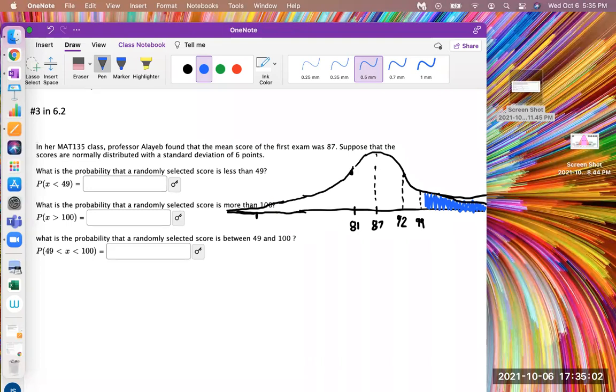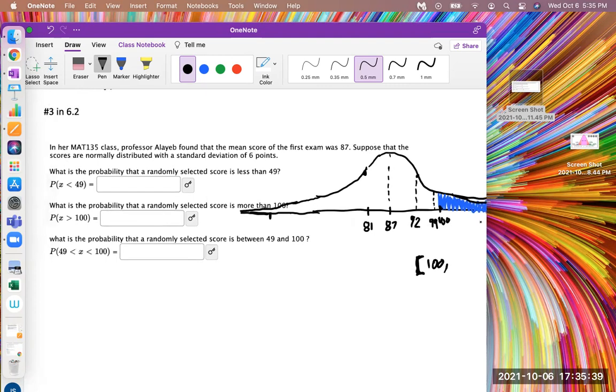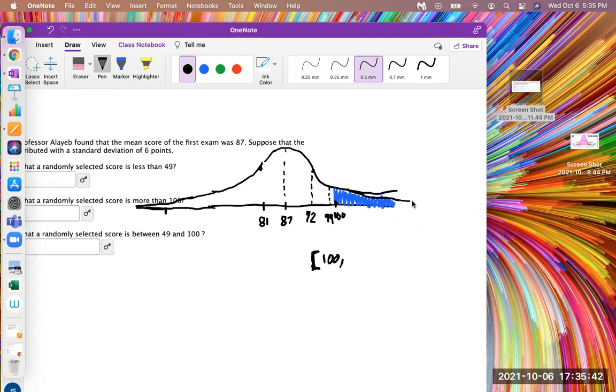Now let's carefully write down this interval. I go from left to right and I ask myself, where does the shading start? I didn't write it down here, but it's starting right at 100. So it's actually equal to 100, so I use a square bracket, not a parenthesis. But that's not too important for us in statistics, just so that we stay accurate. Okay, then it's tailing off and it keeps going, and I can make more room, and I keep going and keep going.